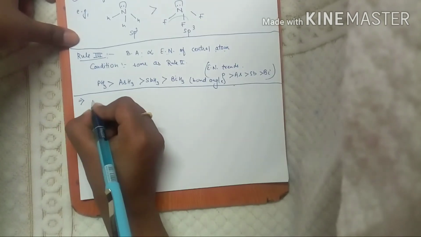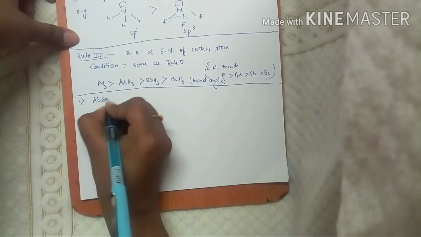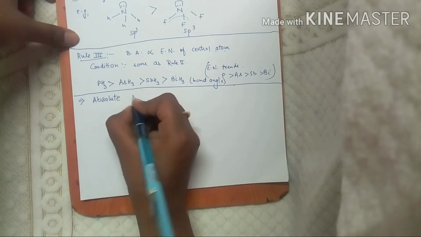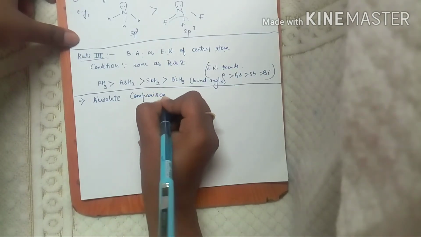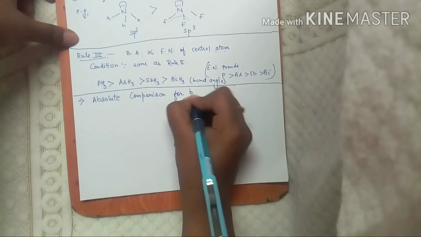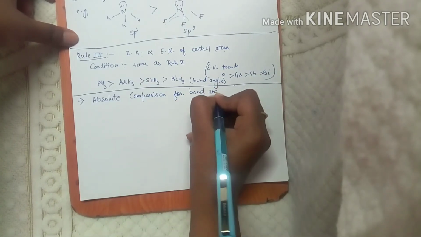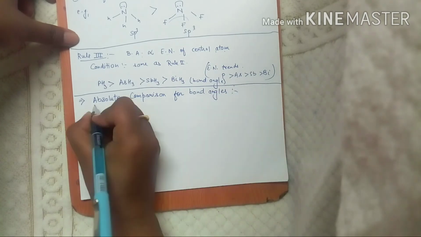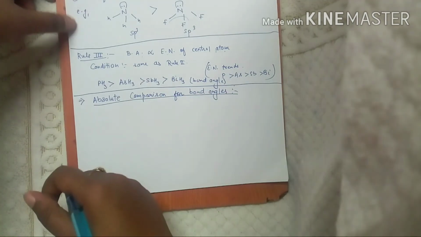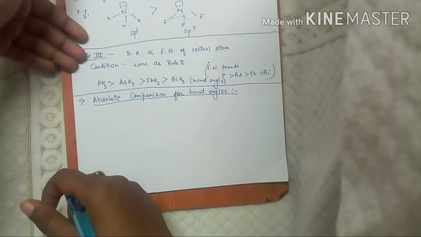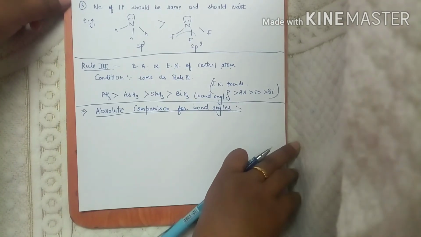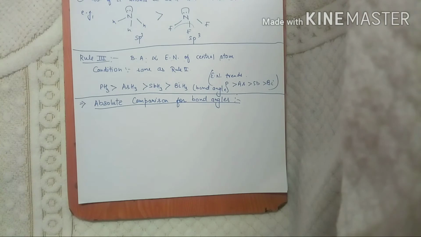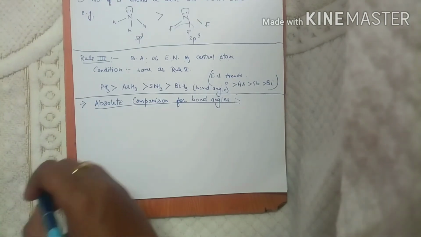So for that we have to do an absolute comparison for bond angles, because we have studied hybridization, NBEPR, and these 3 rules of VSEPR also. So now we want to find out which concept to apply first while looking for the bond angle in different molecules.